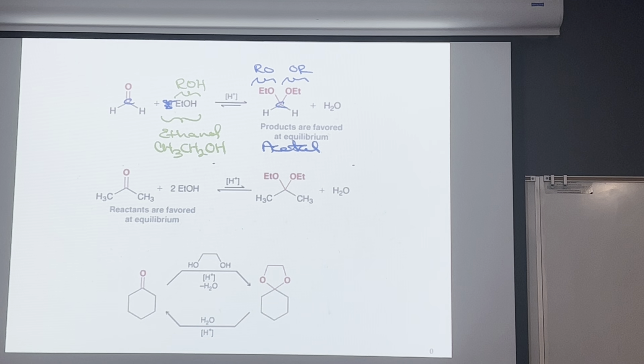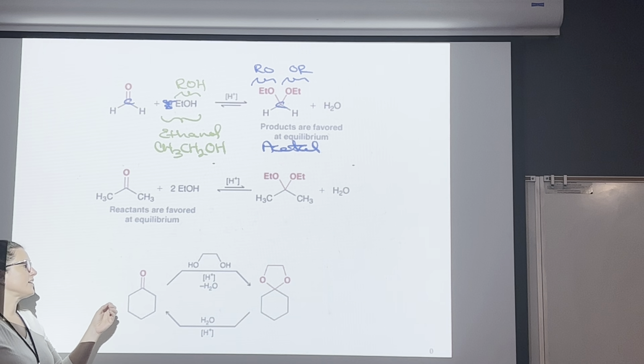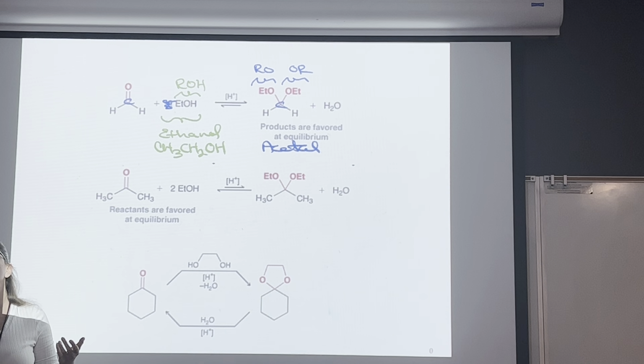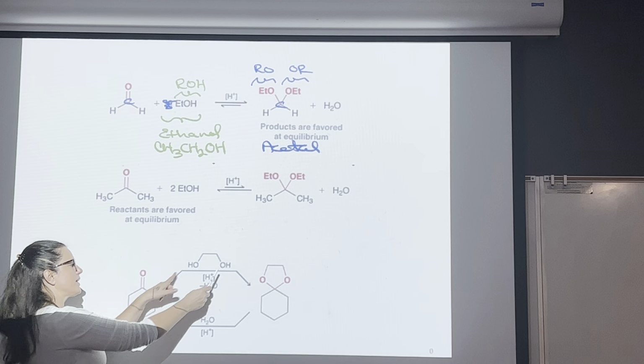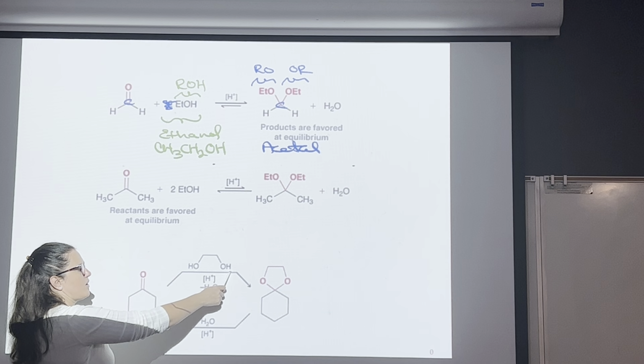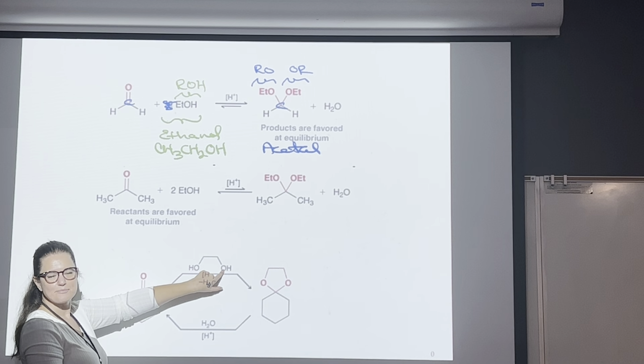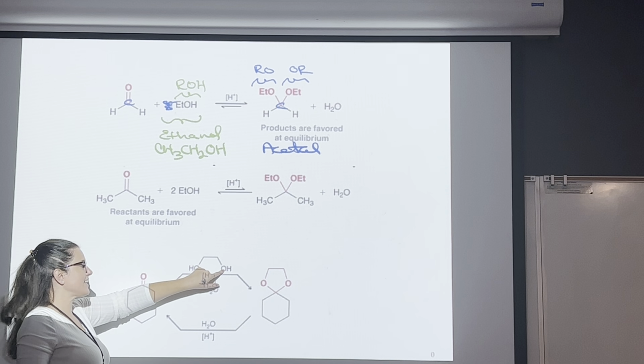So anyways, when you have that situation, you're going to add OR and OR. This is a diol, so it's like two ROHs just connected to each other. So we can all see the OH, right, folks? Yes, we can all see the OH over there.